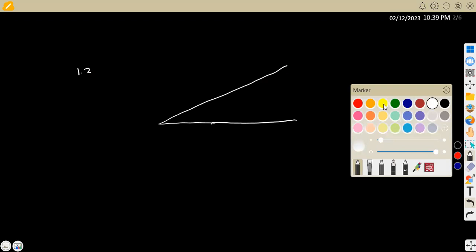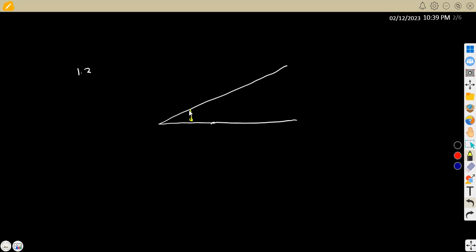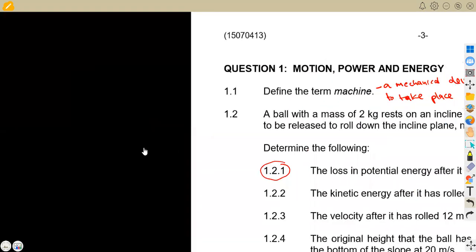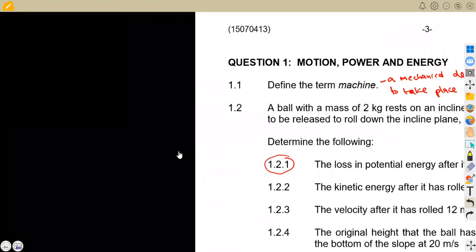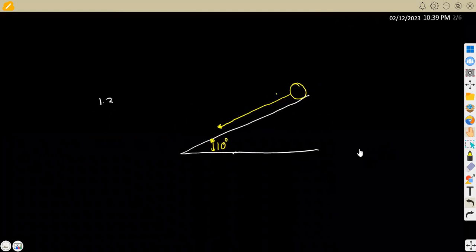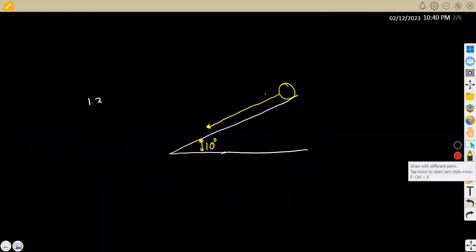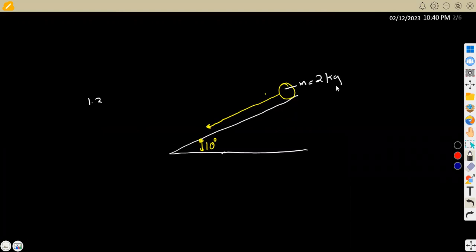This is where we have our ball, which is going to roll down the incline. The ball has a mass of 2 kgs.